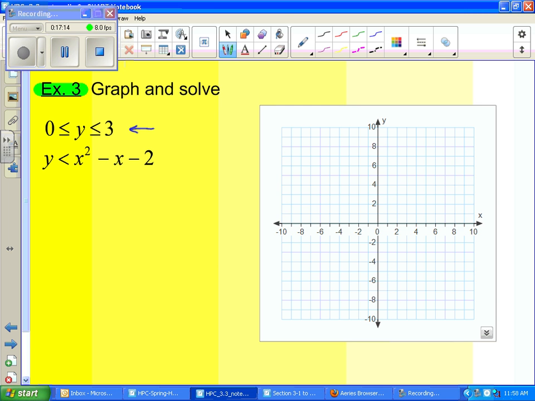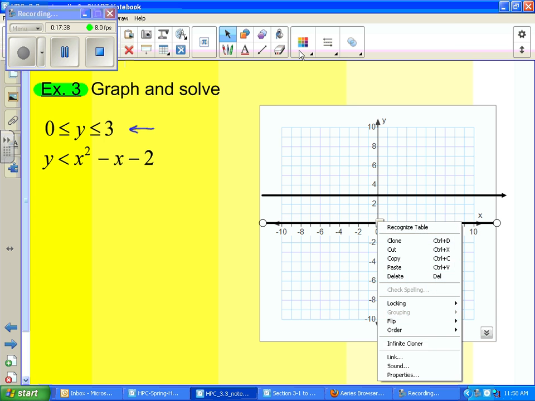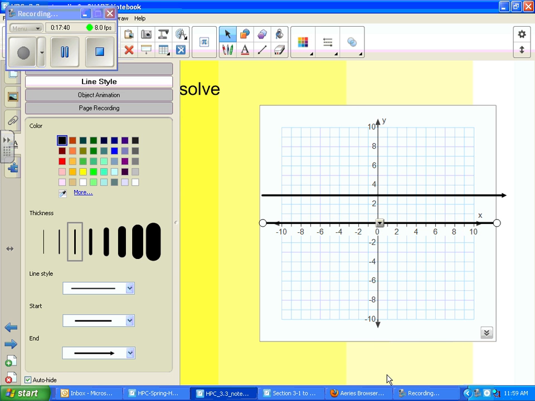Both of the boundary lines are solid. Let's change the color.